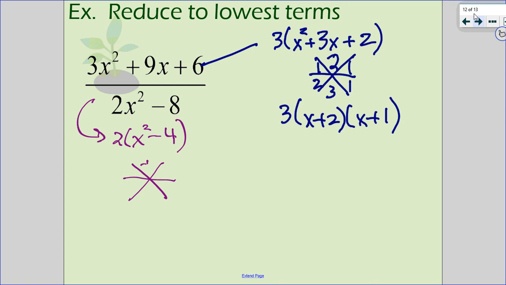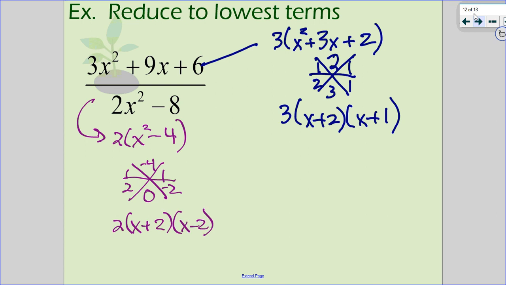So it's negative 4. 2 and negative 2. So we get 2 times x plus 2 times x minus 2. And that is my denominator.